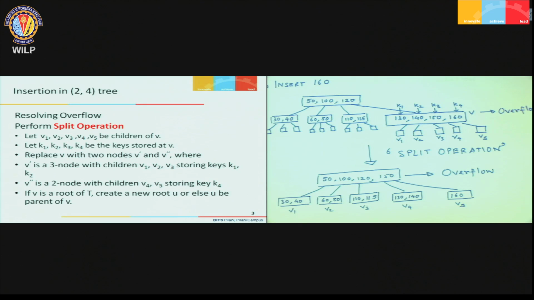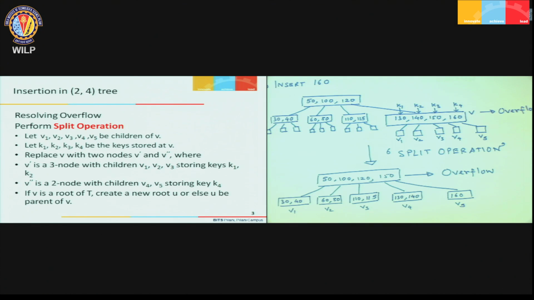So, we look at the node at which the overflow has occurred, which has been marked as V. Since V has 4 keys in it, it will have 5 children, which are going to be the external nodes. We will name them V1, V2, V3, V4, V5. We also denote by K1, K2, K3, K4 the keys that are stored at V. So, V is the node where overflow has occurred.